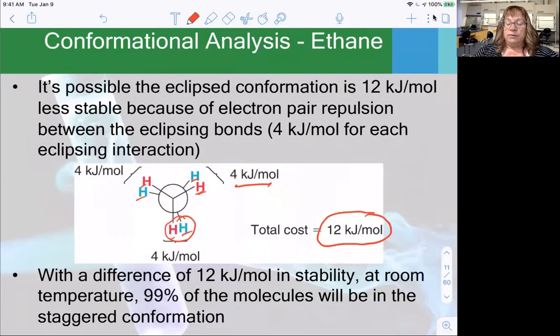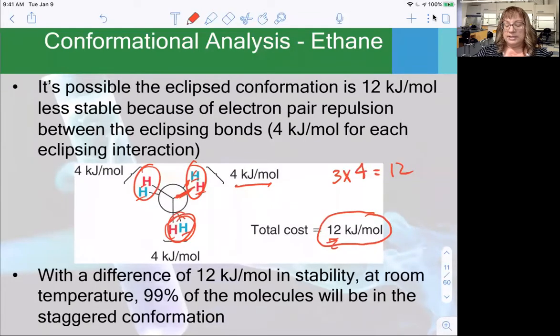The eclipsed conformation is going to be less stable because of the electron pair repulsion between those eclipsing bonds. And each one of those hydrogen-hydrogen eclipsing interactions is going to be worth 4 kilojoules per mole. There's 3 of them in this ethane molecule, 3 times 4 is equal to 12. That's how I get the 12.